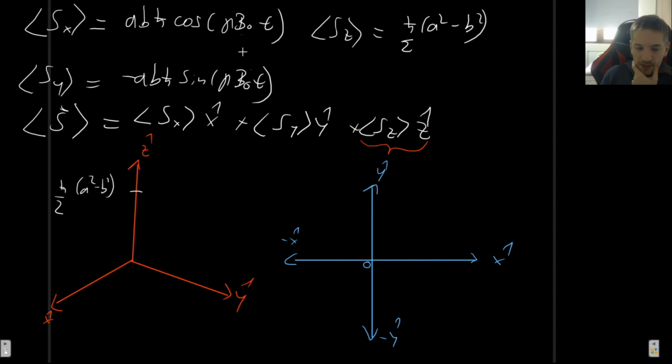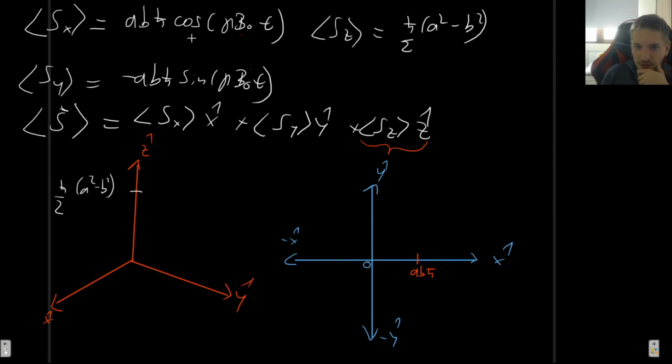If time is 0, so at the beginning, cosine of 0 is 1, so we are in the x direction at a b h bar, and in the y direction, we are at 0. So that means we are somewhere over here, a b h bar, whatever that quantity may be.